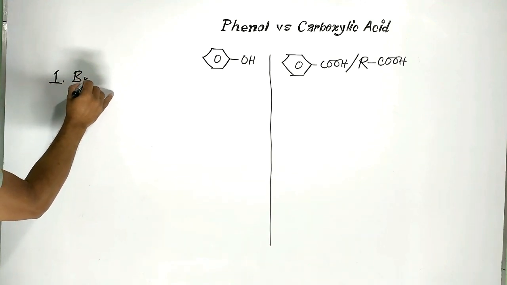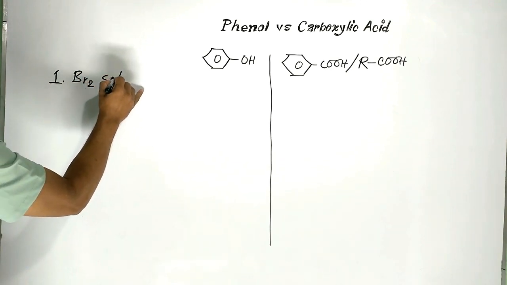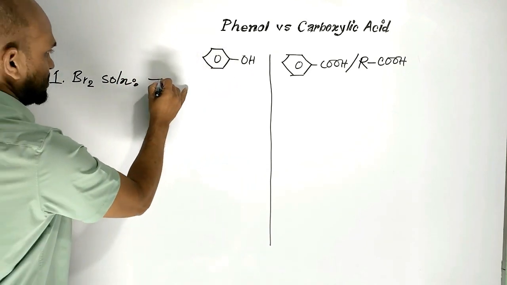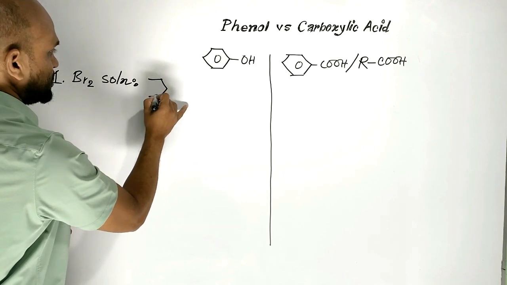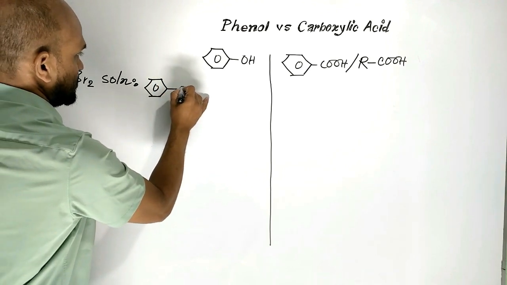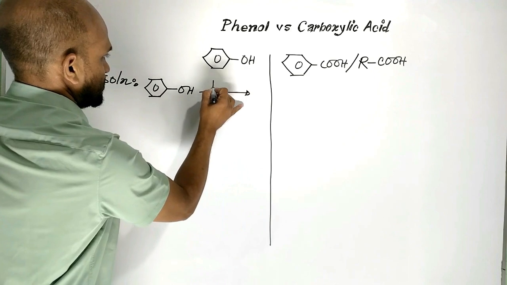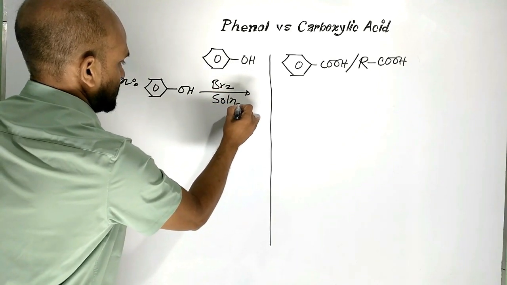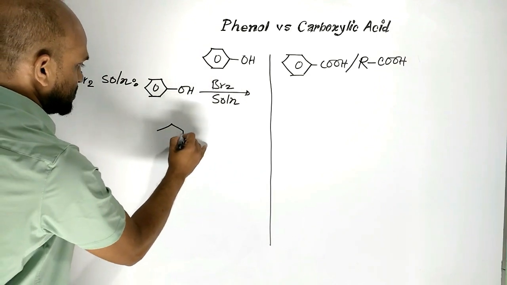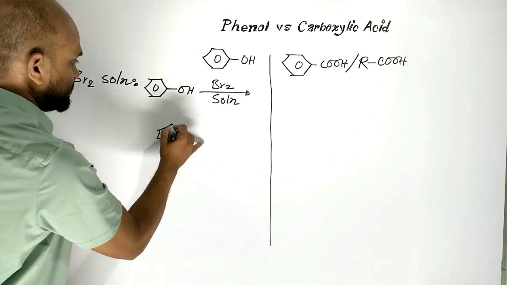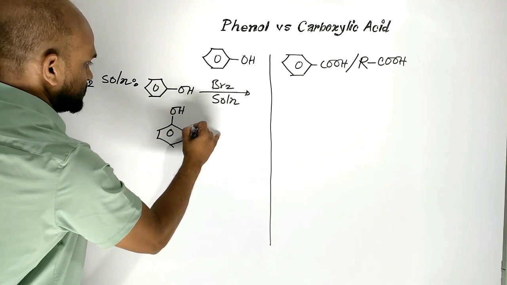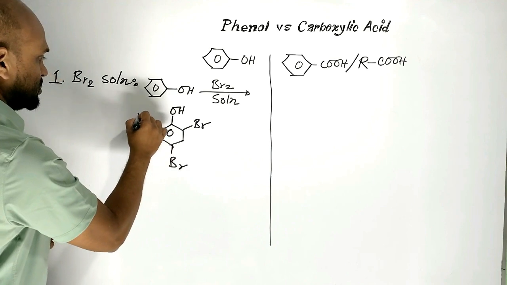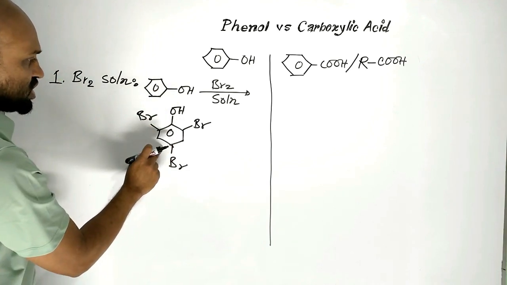Point number 1. Bromine solution. Phenol reacts with bromine solution and forms white precipitate of 2,4,6 tribromophenol.